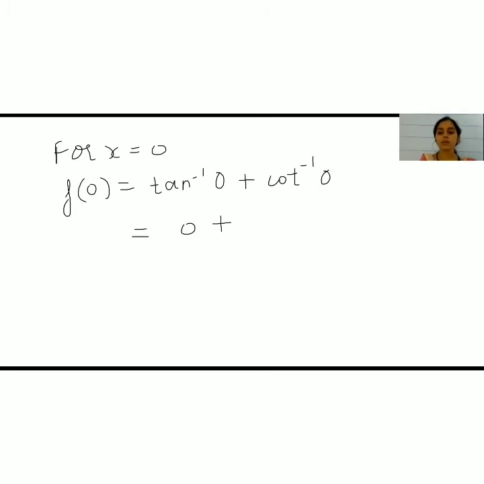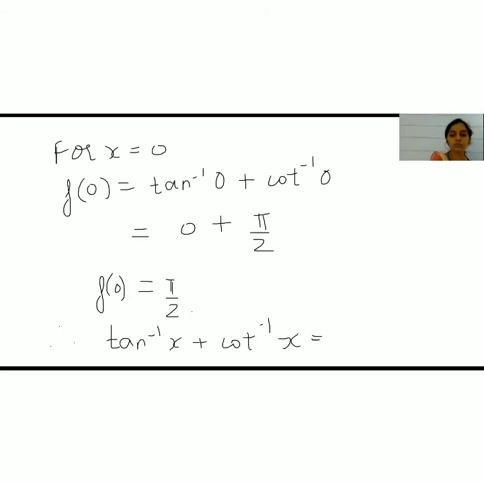It is cos upon sine. So cos inverse of 0 is pi by 2, right? So we are getting f of 0 as pi by 2. Therefore, we can say that tan inverse of x plus cot inverse of x is equal to pi by 2. Clear?